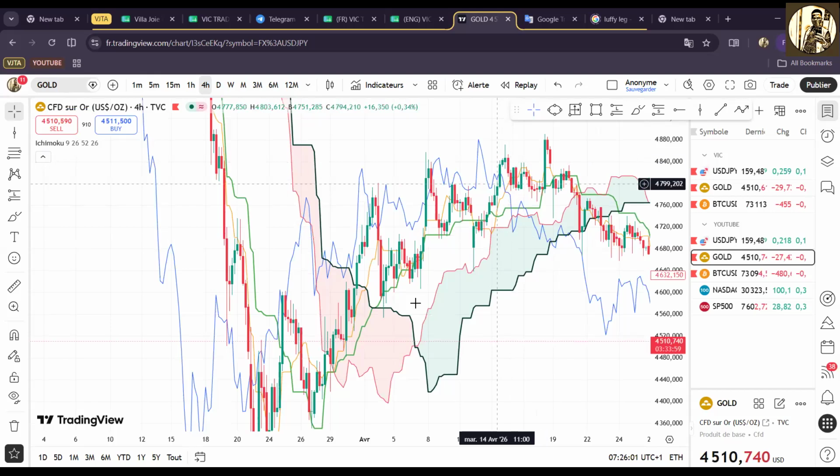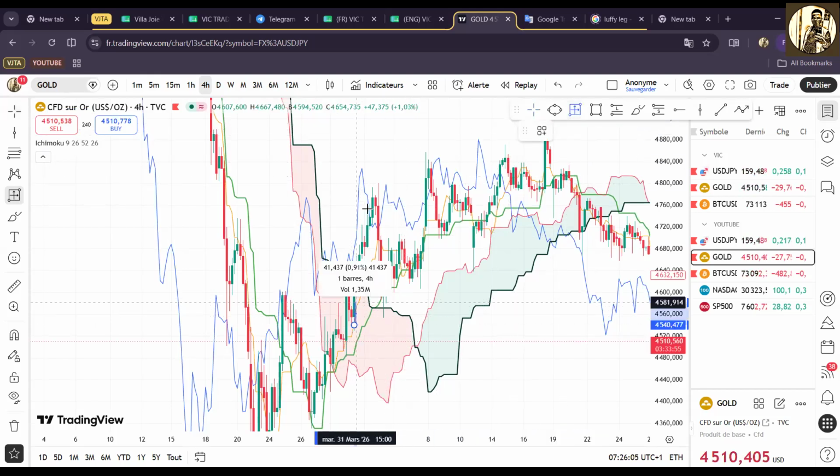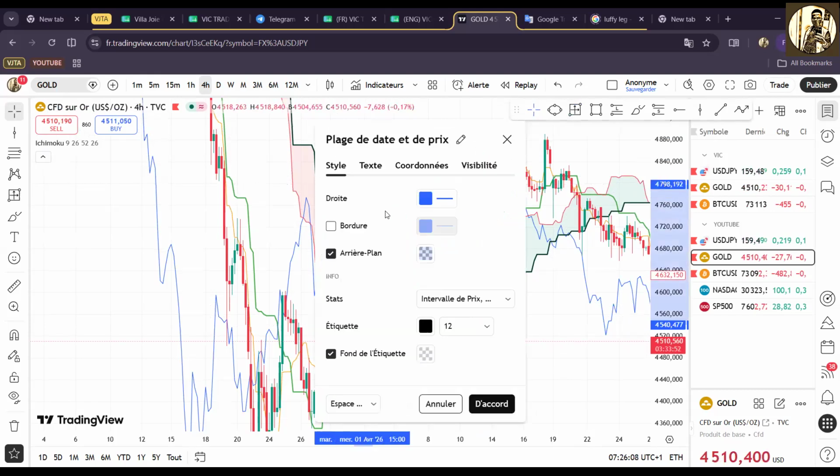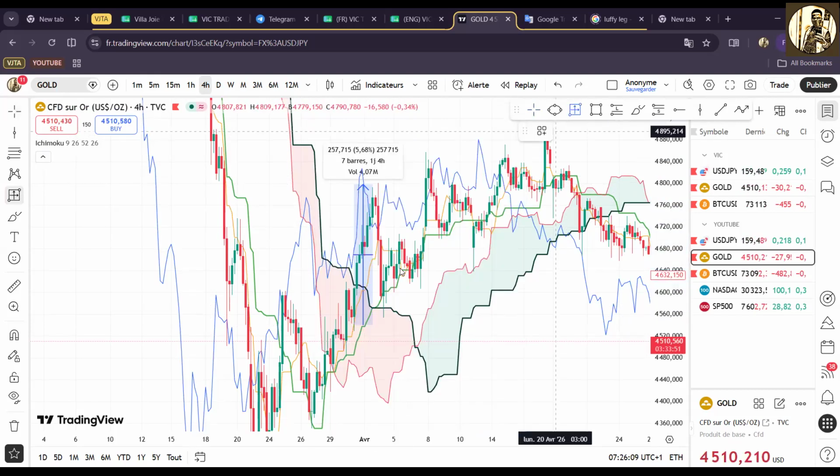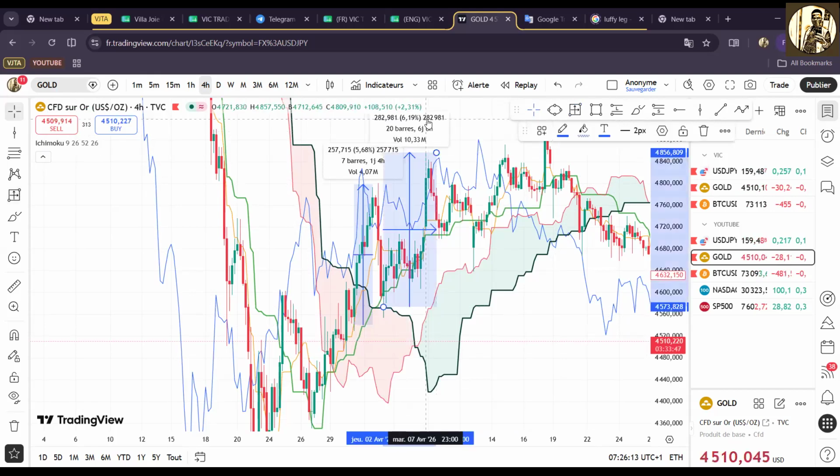Let's take an example. This Tenkan right here gave 250 pips. This Kijun here gave 282,000 pips.